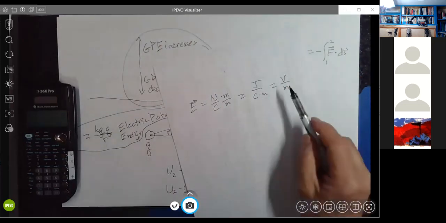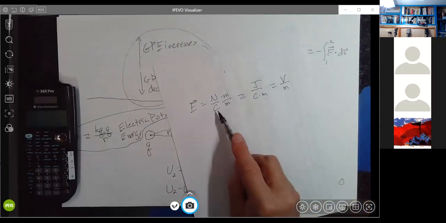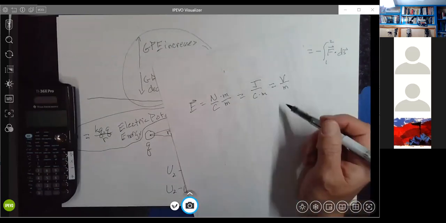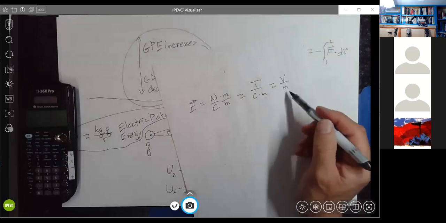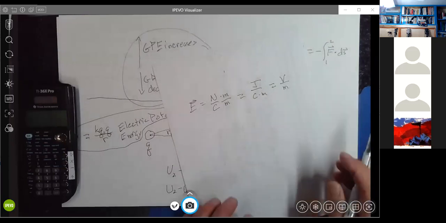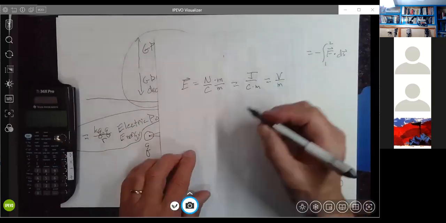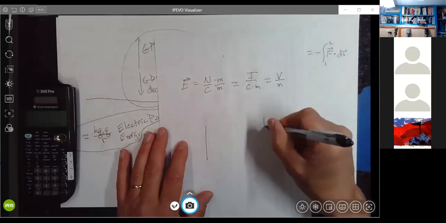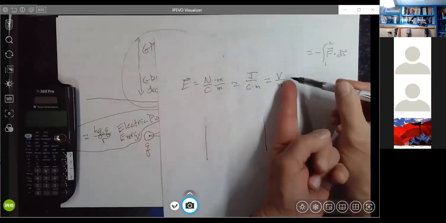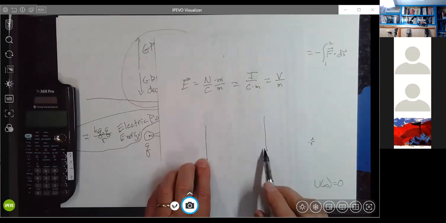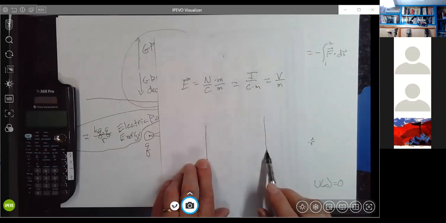And sometimes that's a more convenient unit, sometimes this is. It just depends on the particular application. But seeing it expressed this way is sometimes a good way to think of it. If you have a strong electric field, you'll have a high number of volts per meter. And that means as you go from one place to another place, there will be a large potential difference between those two places.